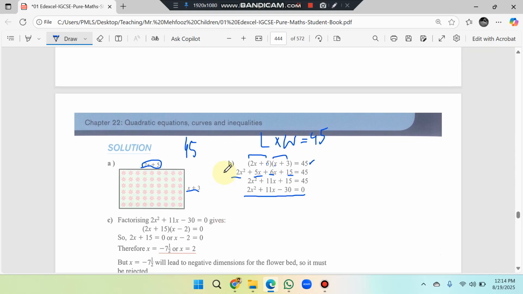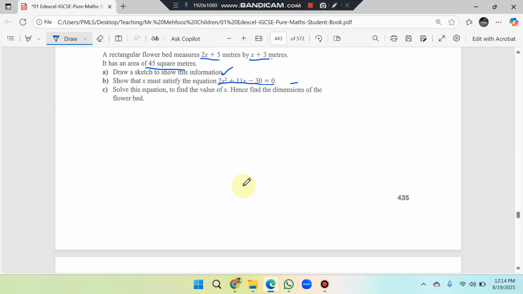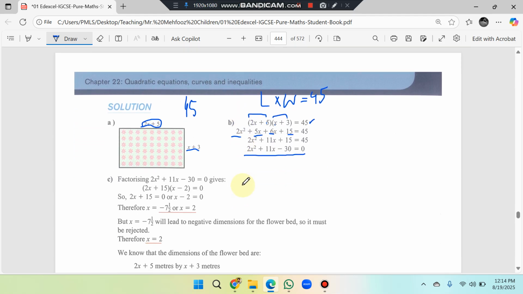And then in part C, you can see that we have to solve this equation to find the value of x. So till now we have studied three methods to solve a quadratic equation. First one is the factorizing method. Second one is the completing the square method, and the third one is the quadratic formula.